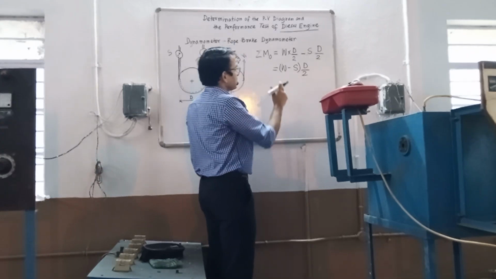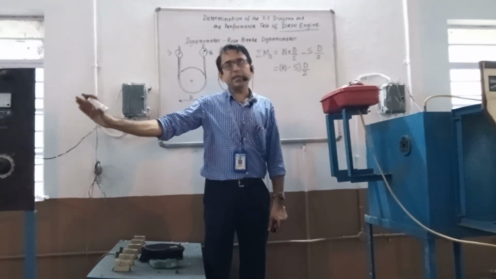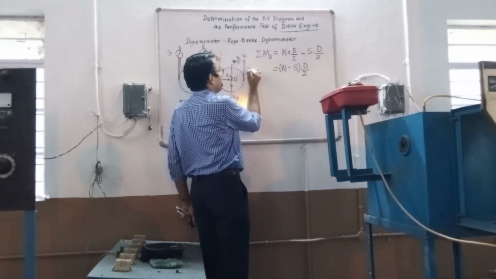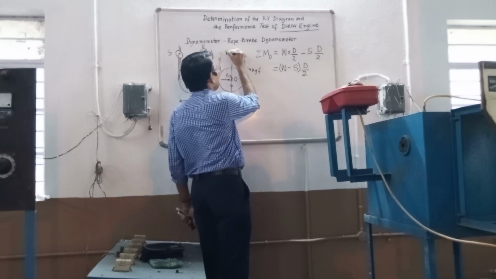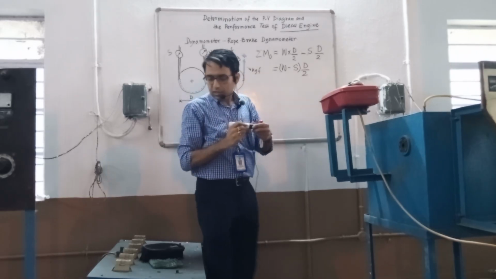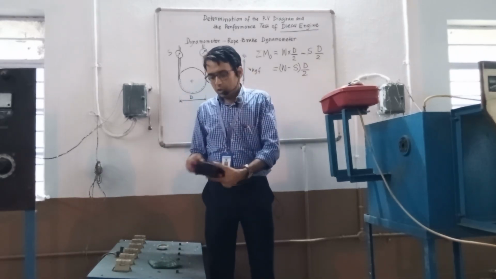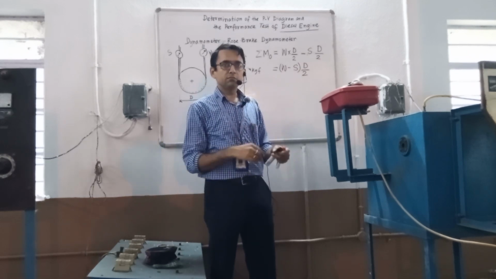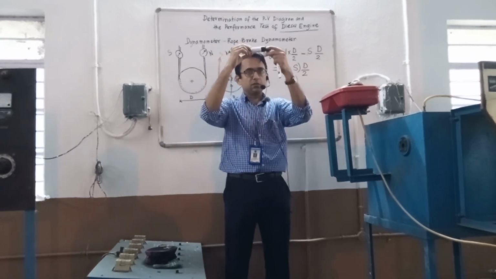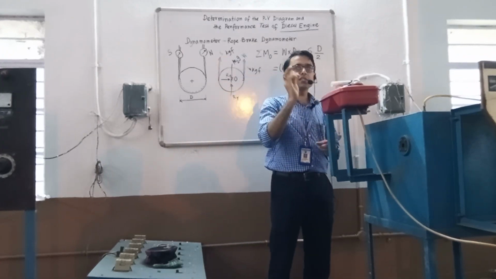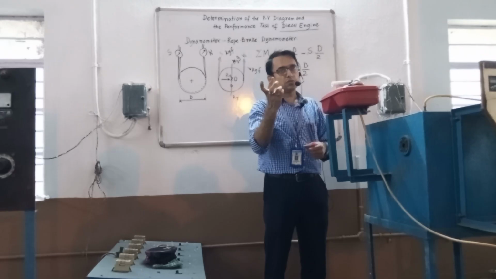Now one thing that we have to understand, W is actually measured in kgf, and this is also in kgf. What is the meaning of kgf? Basically, if you have one object of 1 kg, what force it will apply is called 1 kgf, 1 kg force.